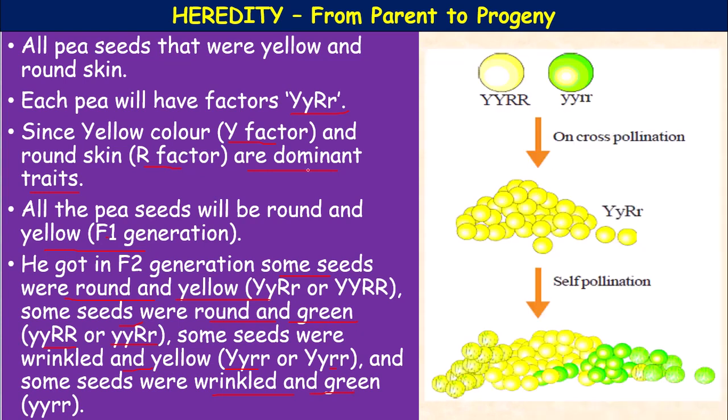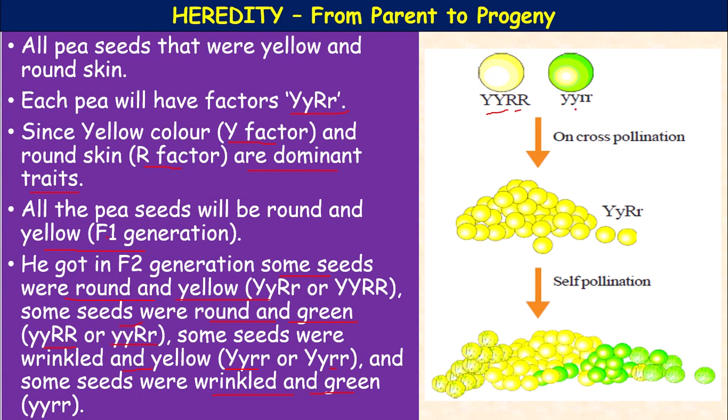So, you see the two pairs of contrasting characters we have considered, that is color and shape. The capital Y representing yellow, and capital R representing round.